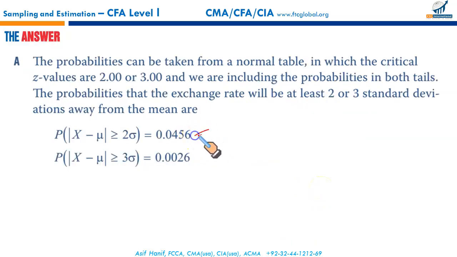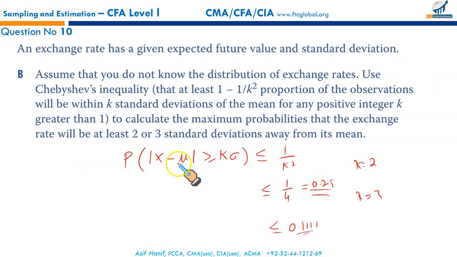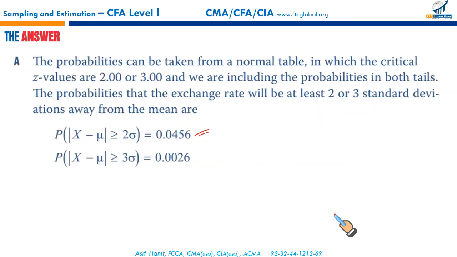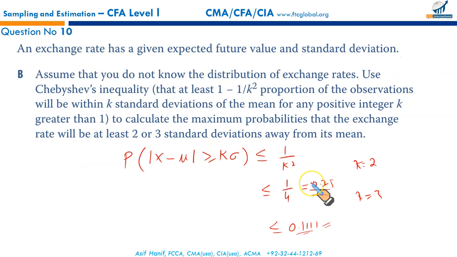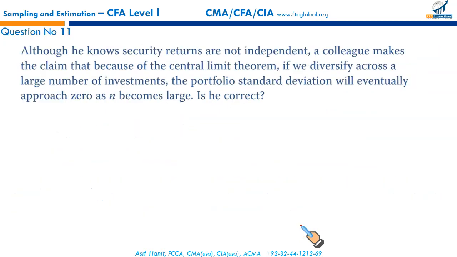See, 4.5% and 0.27%, and here it's 25% and 11.11%. So you can see there's a huge difference. The probability of the rate being outside 2 and 3 standard deviations from the mean is much smaller when the distribution is normal than when the distribution is unknown and we are relying on Chebyshev's inequality. So that's quite a large difference between these. Alright, next.